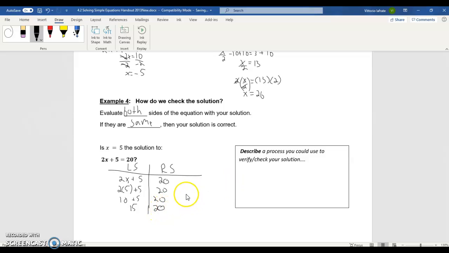So what this means is that x equals 5 is not the solution, because our left side does not equal our right side.